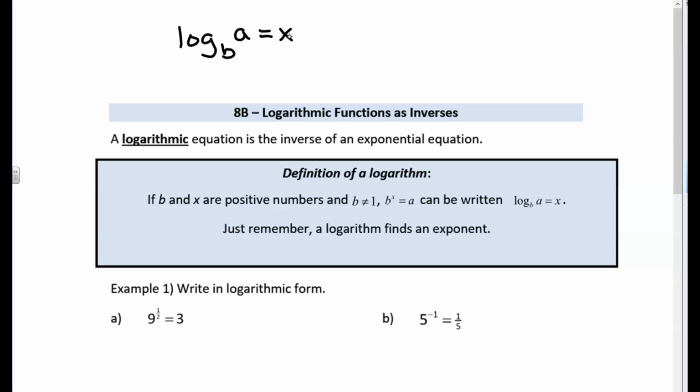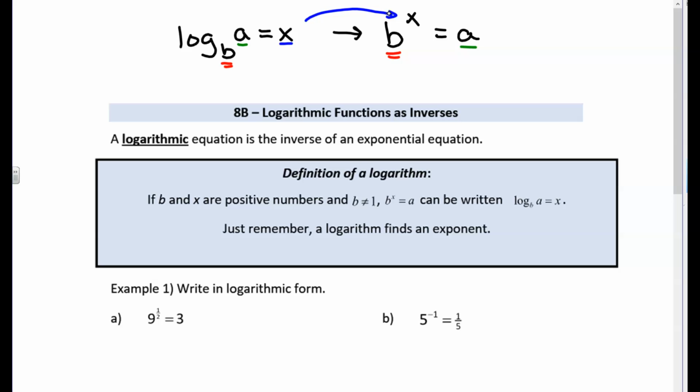Now, what that means is this can be converted back into an exponential function where b to the x equals a. Note the b stays the base on both. The a goes from one side of the equal sign to the other, and the x becomes your exponent.